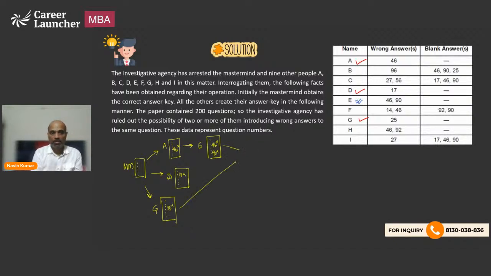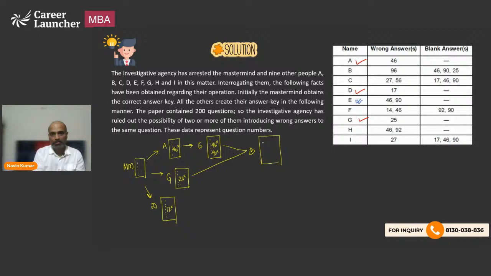So if I look into E and G, so that it's not far, let's interchange D and G. So let's say this is G, G made a mistake in question number 25. Let's say this is D, D made a mistake in question 17. Achha, now it's going to be easy. So somebody who is going to copy from E and G both, that person is B right now, that we can see.